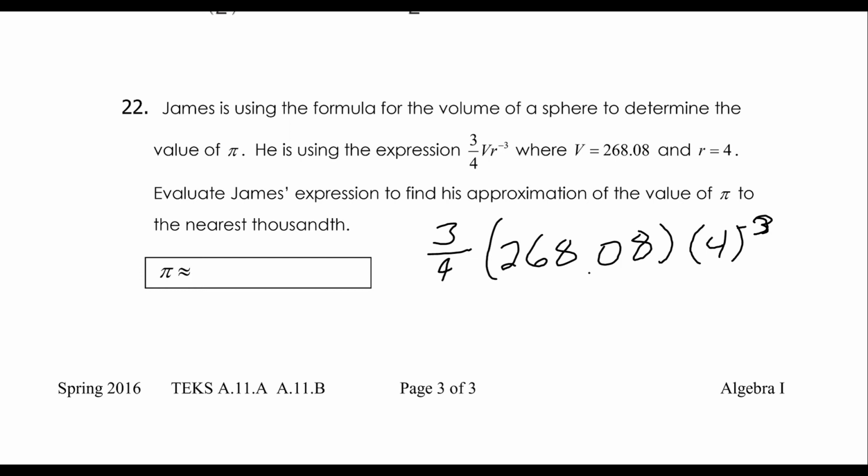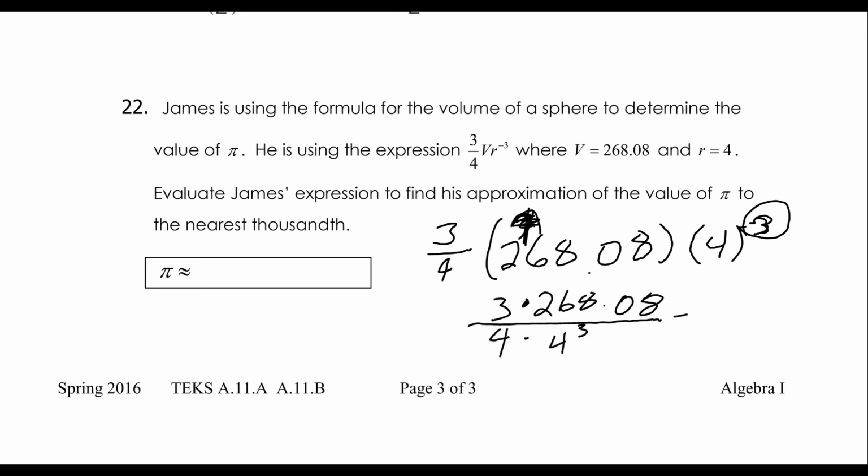So what we can do is we can take this 268.08, put it on the top of a fraction, along with the 3. Okay, so we got 3 times 268.08. That's going to be over 4 times, and if you remember, this negative exponent means that we're going to put that in the denominator, 4 raised to the third.